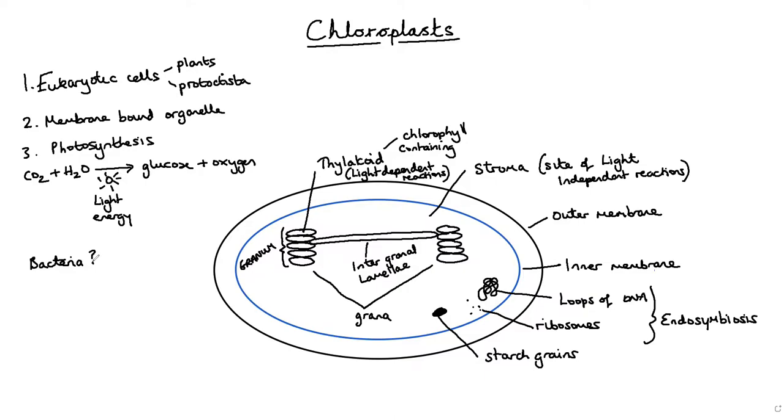So how come they photosynthesize? Well, do take a look at my prokaryotic video. But bacteria have got infoldings of their cell membrane called mesosomes. And on those mesosomes, you can find the enzymes that carry out photosynthesis if the cell does, in fact, photosynthesize. Not all bacteria do that.